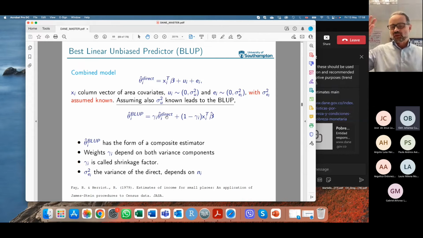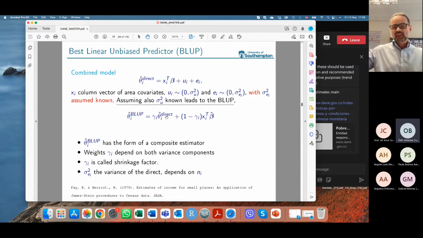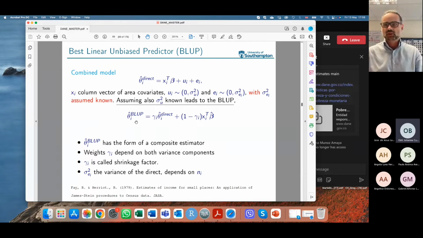If I assume for now, and that's not the case, that also my sigma squared u is known, then my theory tells me that the best linear unbiased predictor under that model, which I'm going to define as theta hat i BLUP, is going to be a combination of the direct estimate and the synthetic estimate, with weights gamma i and 1 minus gamma i.